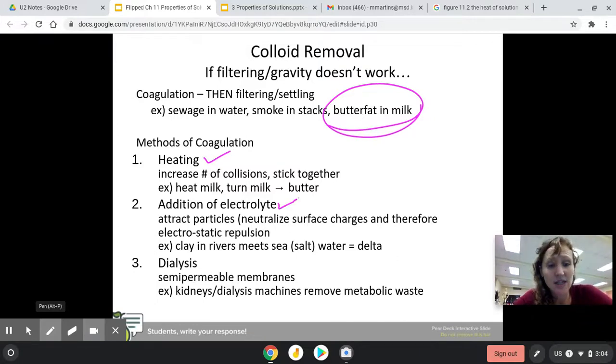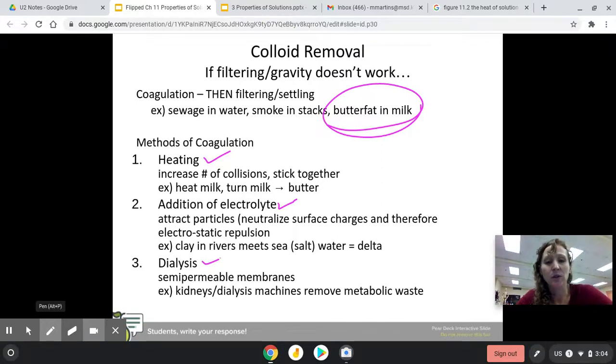Electrolytes can do this. They can attract the particles. They can neutralize surface charges, and then they can disrupt the electrostatic attraction with the water and get it to settle out.